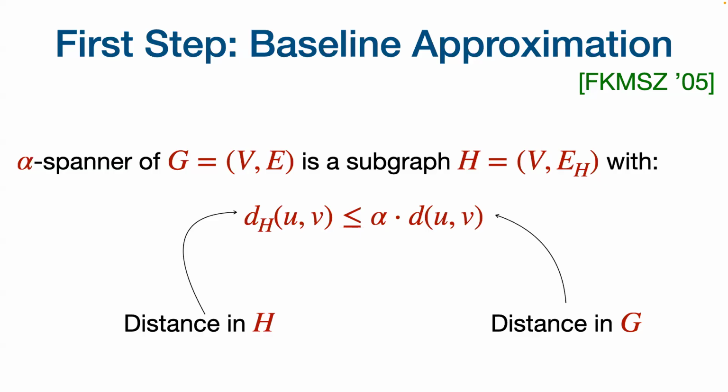So you have the graph, its distance originally was d of u comma v. And if you take the subgraph, the distance in the subgraph is going to be greater than d of u comma v. But it's also saying that it's not too large, it's only an alpha factor off. Okay? So if a subgraph has this property, I am going to call it a spanner.